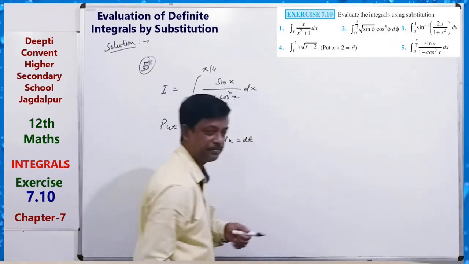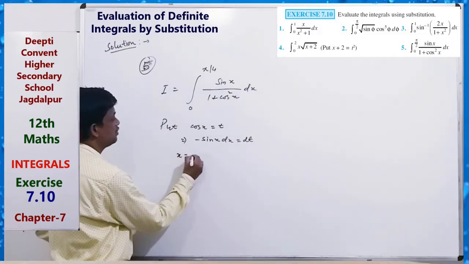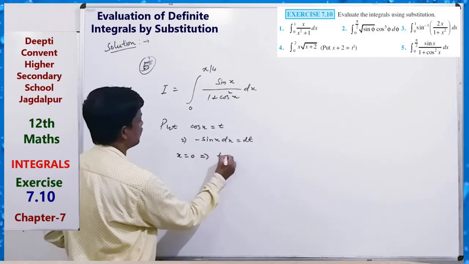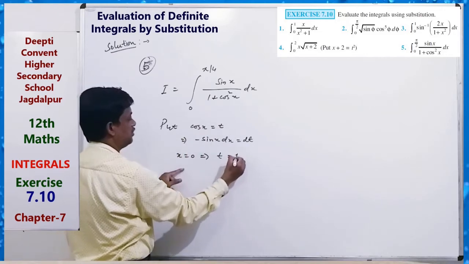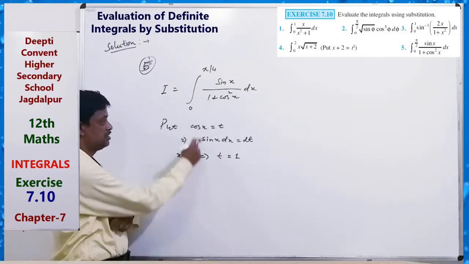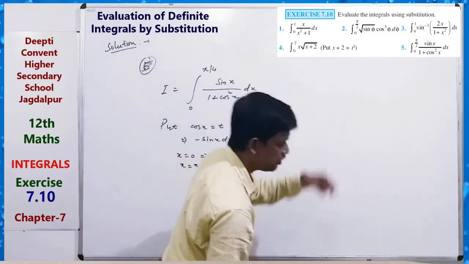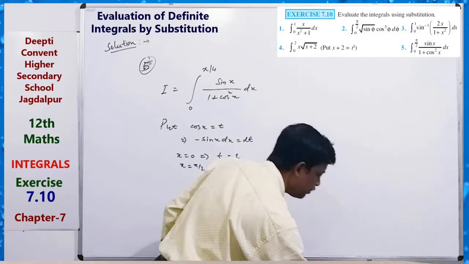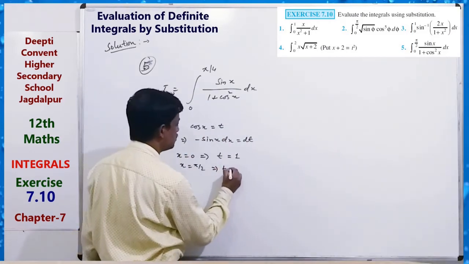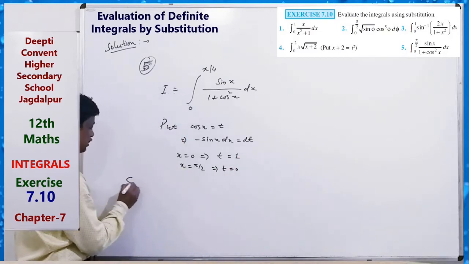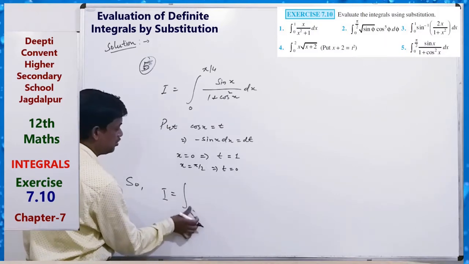So question 5 is a very simple integration. When x equals 0, t equals cos 0, which is 1. When x equals pi by 2, cos 90 is 0, so t equals 0. This is the new limit, so we get the integration with new limit 1 to 0.